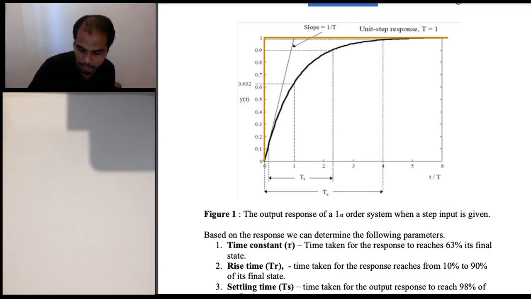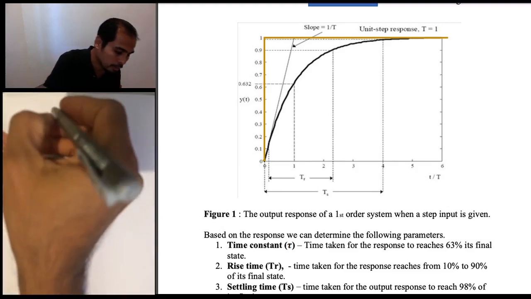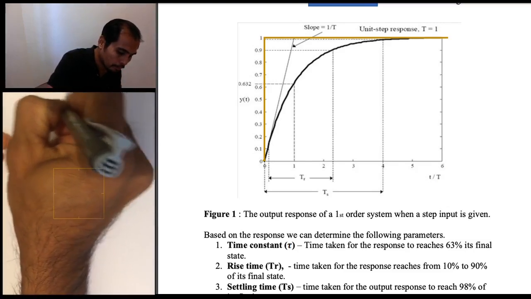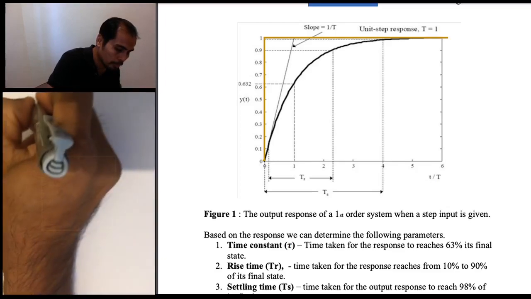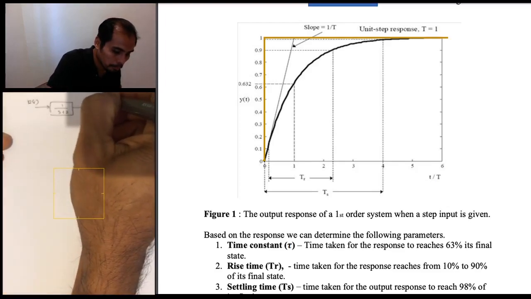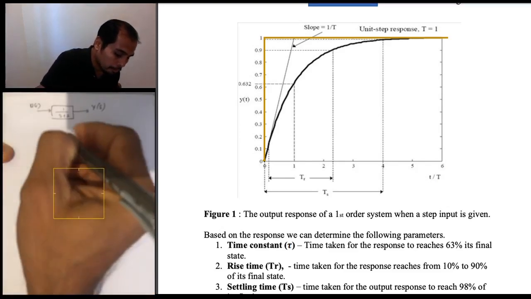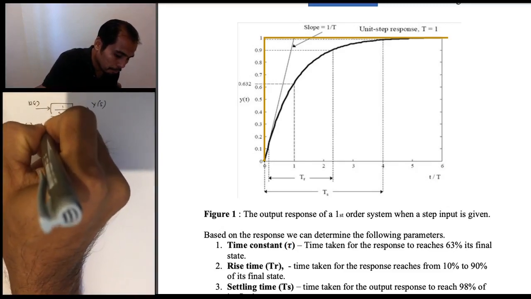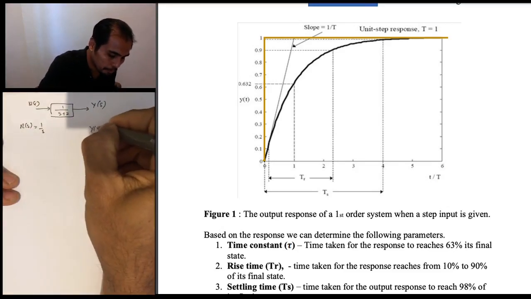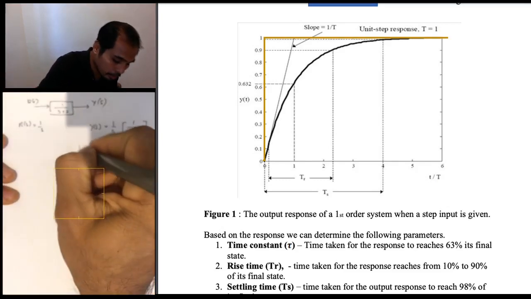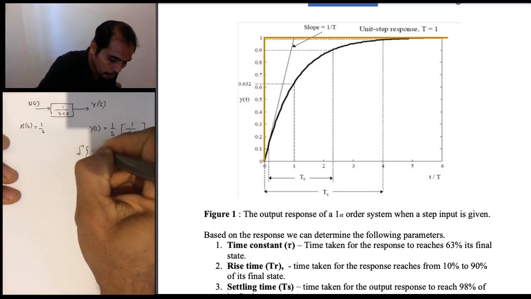if we were to calculate the first order parameters from the system 1 over s plus 2, then we take the inverse Laplace of y of s.